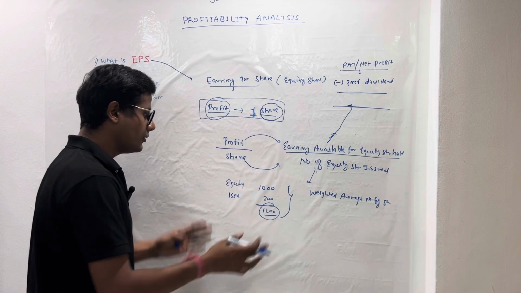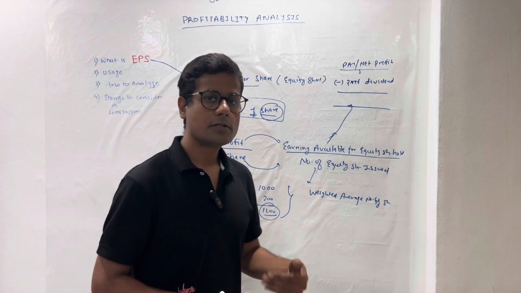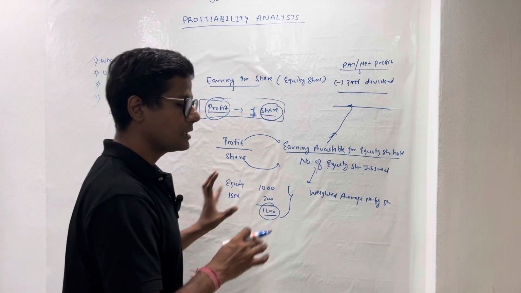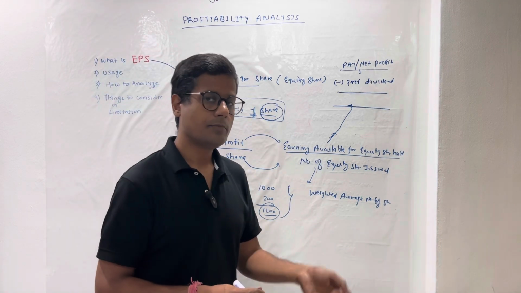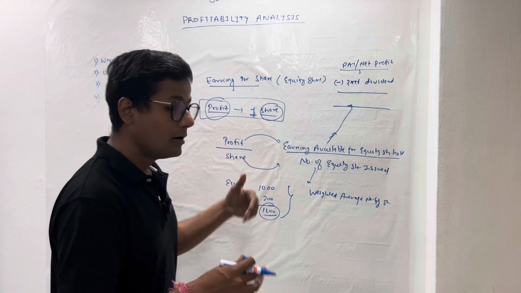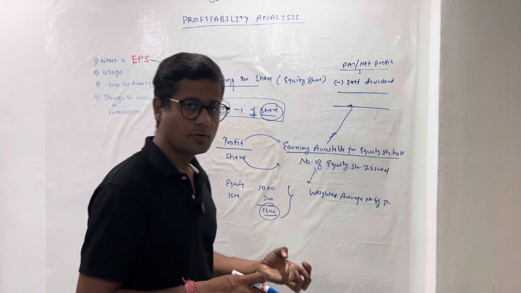Now, how to calculate that weighted average number of shares? All these things we are going to discuss in our upcoming video. In this video, our focus is more on the concept, so you understand what is EPS, usage, calculations, and how to analyze, interpret, and limitations.